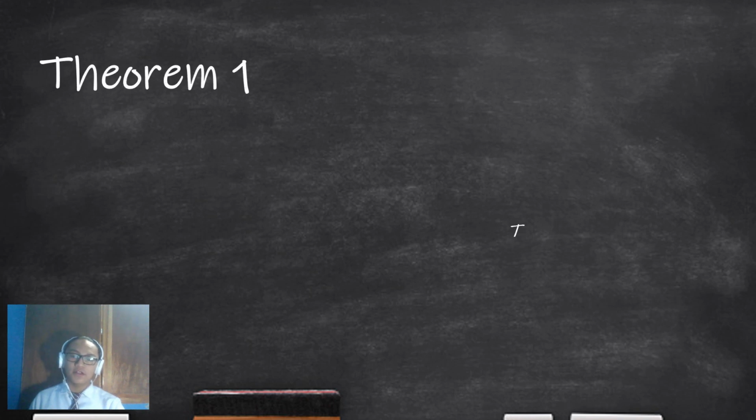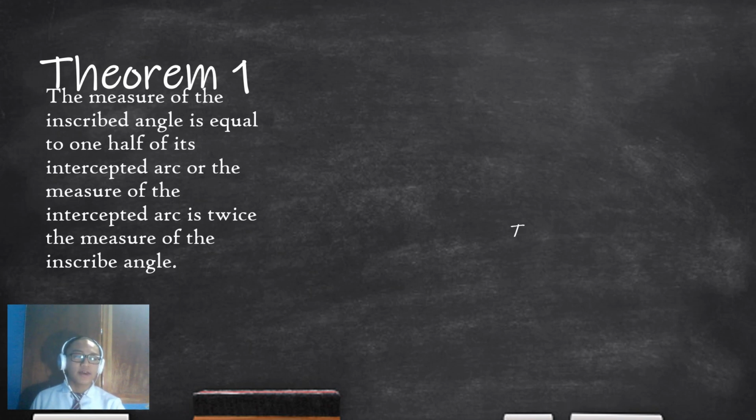Okay, now that we are done discussing what a theorem and an inscribed angle are, we will be discussing the first theorem. It says that the measure of the inscribed angle is equal to 1/2 of its intercepted arc, or the measure of the intercepted arc is twice the measure of the inscribed angle.